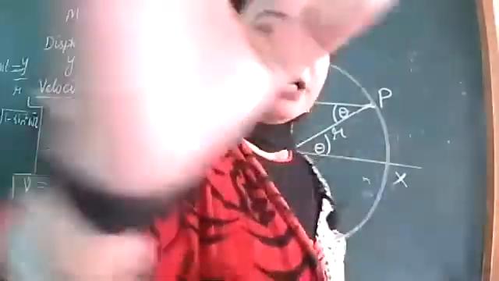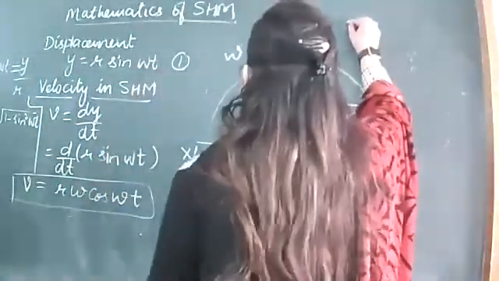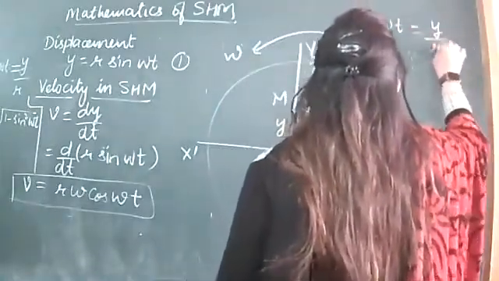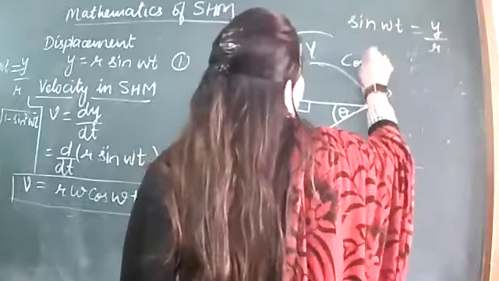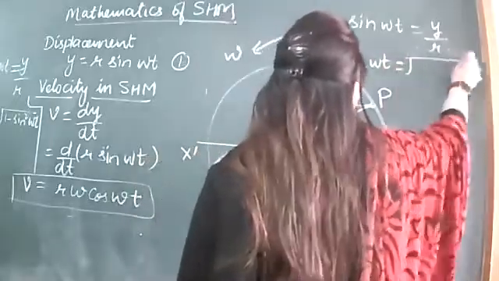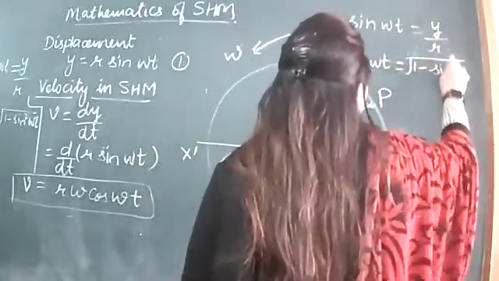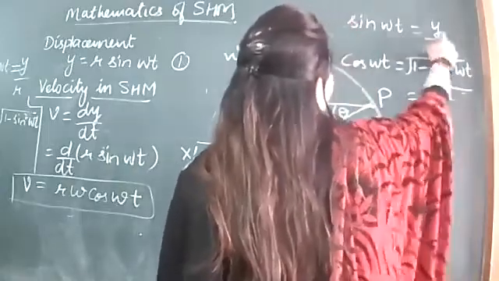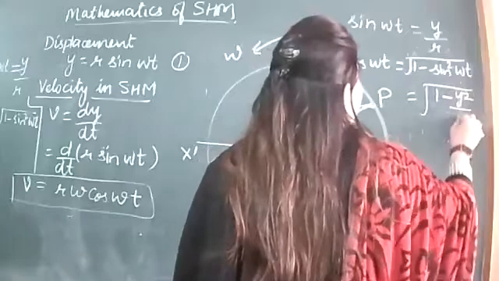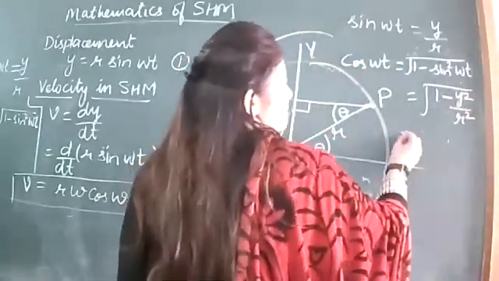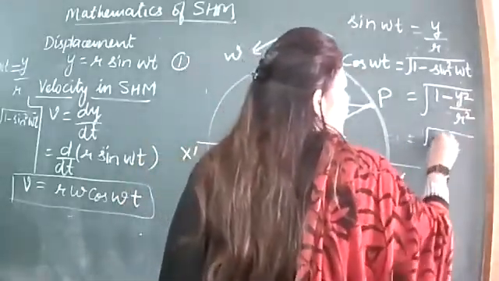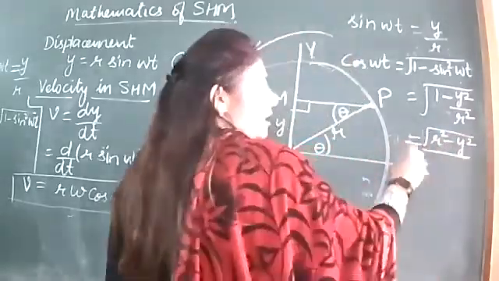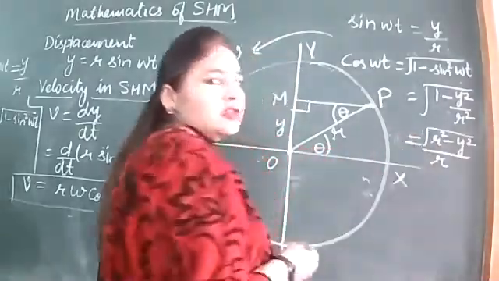Okay, I do it here. From equation number 1, sin omega t is y by r. So using identity, cos omega t is under root 1 minus sin square omega t. So put the value of sin omega t after squaring it, y square upon r square. So it will become r square minus y square over under root of r square, that is only r.